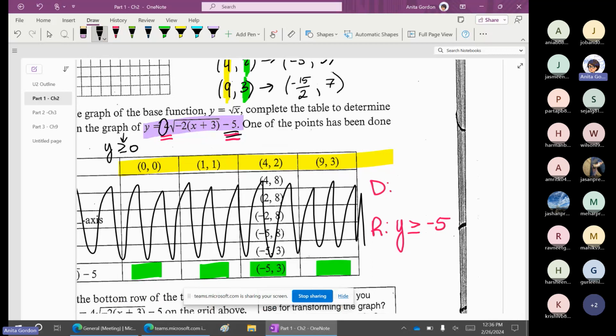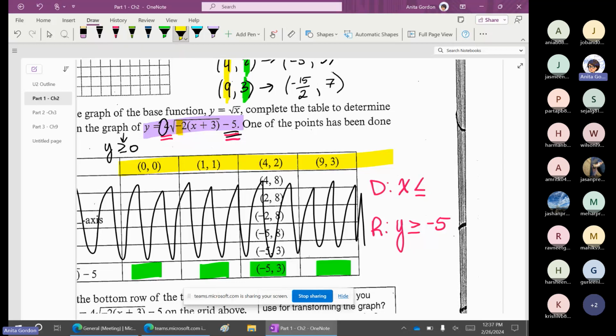Somebody do the calculation for domain. X is greater than or less than? It's going to be less than. Why less than? What do I see inside the bracket? There's a negative, right?